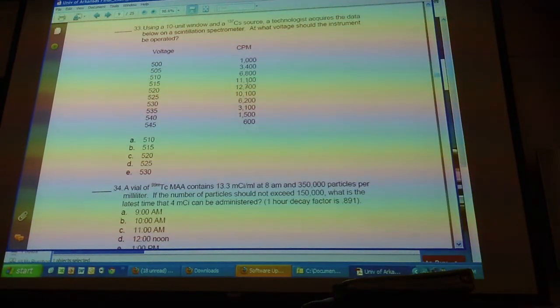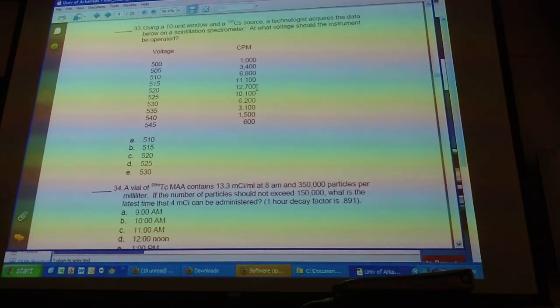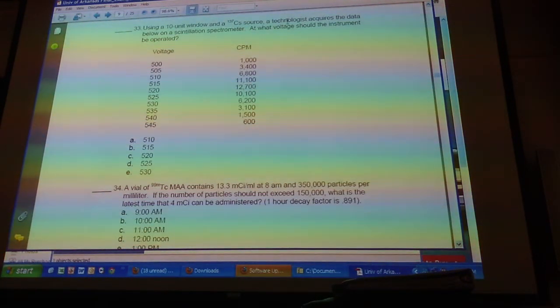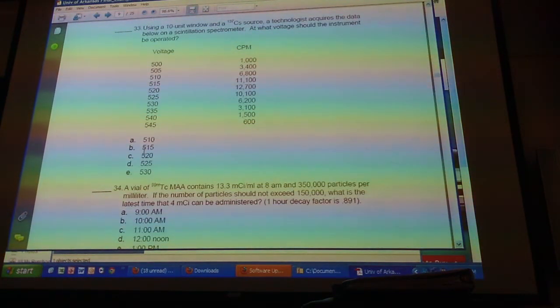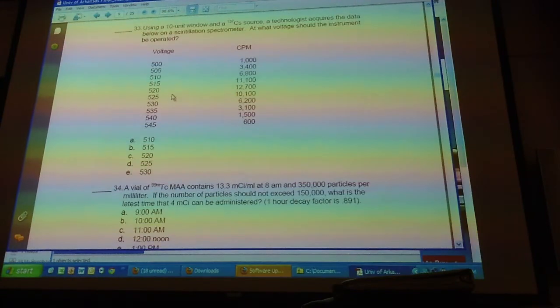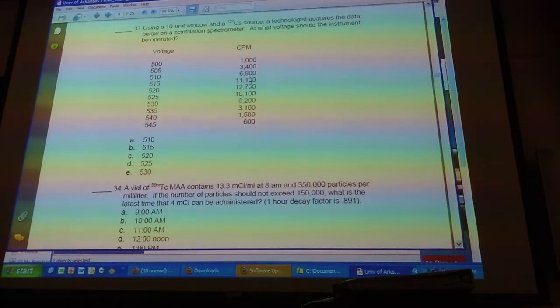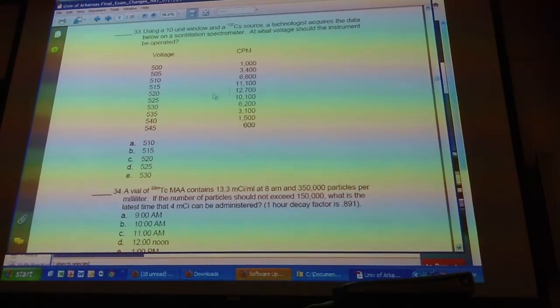That's the peak, so you want to set the scintillator at the peak. Normally we use cesium-137 as a point source to do this calibration. Every day that I do this, I should have the same voltage, so my peak should always be at the same point. Does that make sense?